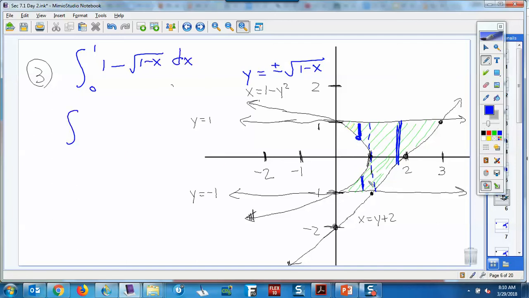This is the one that's sometimes tricky, this region down here. This is, again, from 0 to 1, because these strips would fill this space from 0 to 1, okay? And it'd be the top curve, which is negative root 1 minus x, and then minus the bottom, which is negative 1. This is the y value of negative 1, which would turn into that.